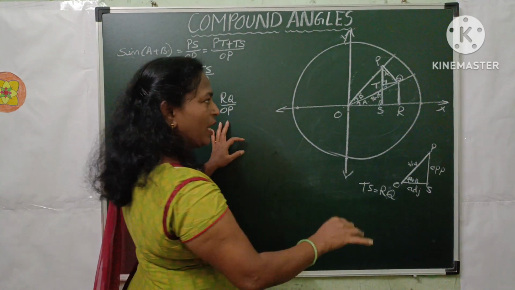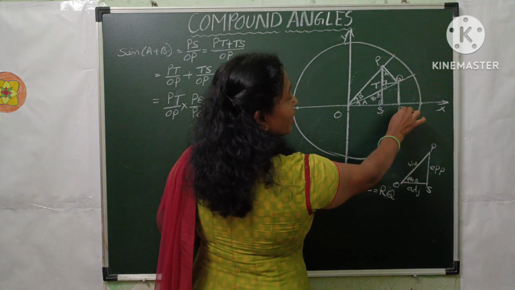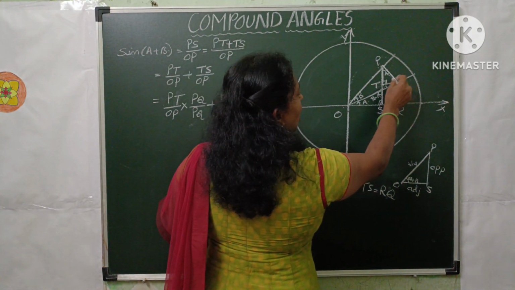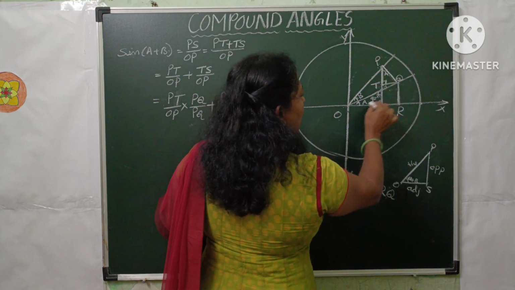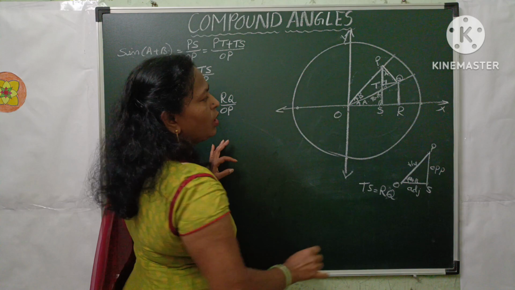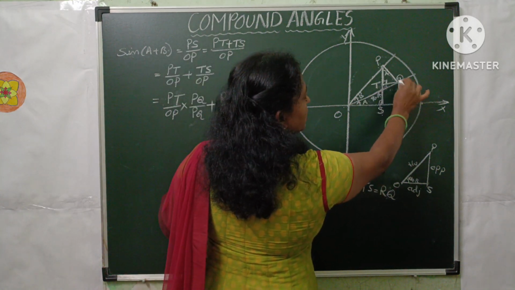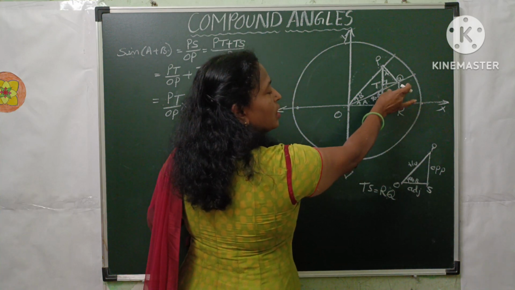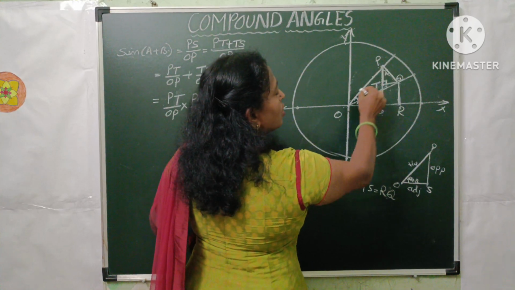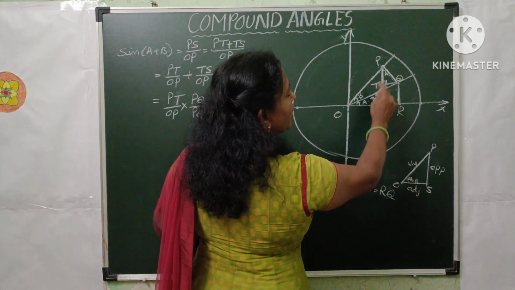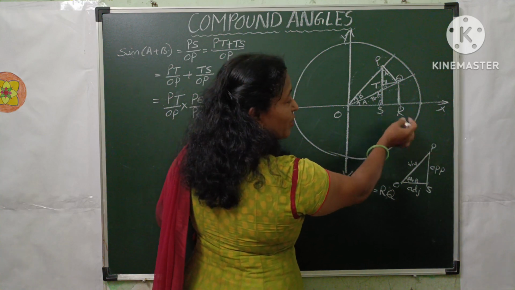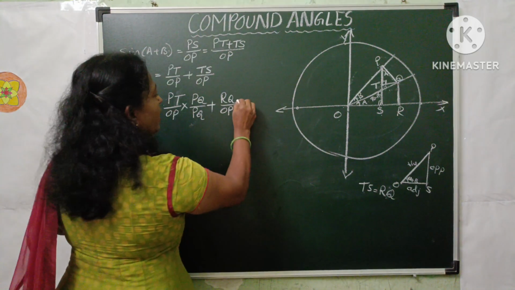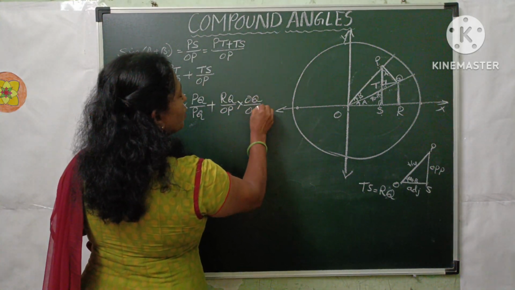Here also there is no direct relation, but OQ is a common side of the triangles OPQ and QOR, so QR and OQ are sides of the same triangle. Multiply the numerator and denominator with OQ, because OQ is connected with both.